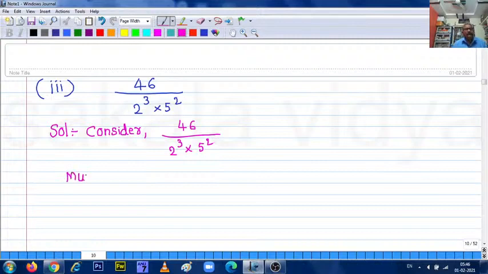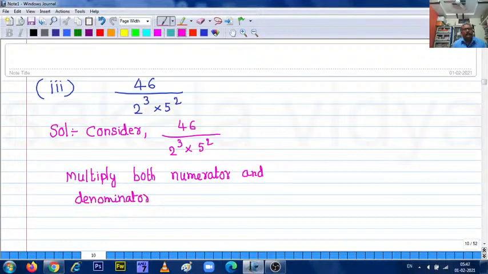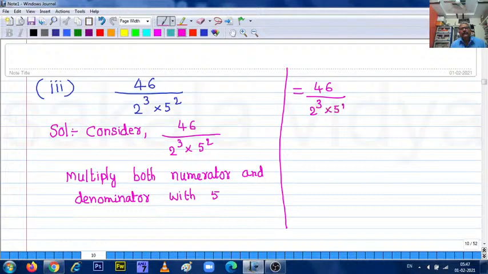Multiply both numerator and denominator with 5. So you get like this: 46 upon 2 cube into 5 square multiplied with 5 upon 5.